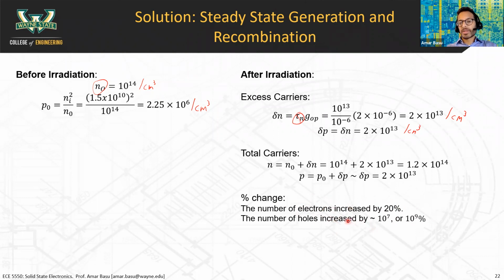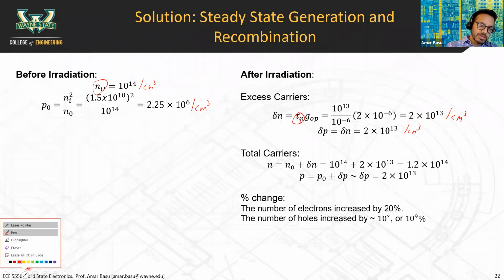You can see the majority carrier concentration only changed by 20%. The minority carrier concentration changed by a lot. We refer to this situation by a special name: minority carrier injection, or minority injection.